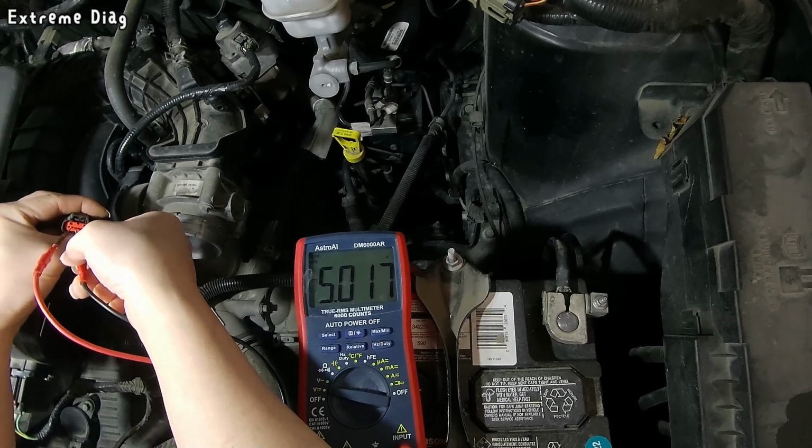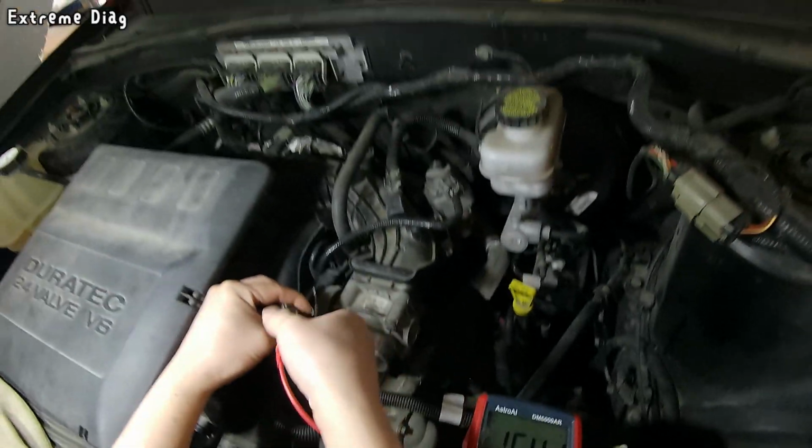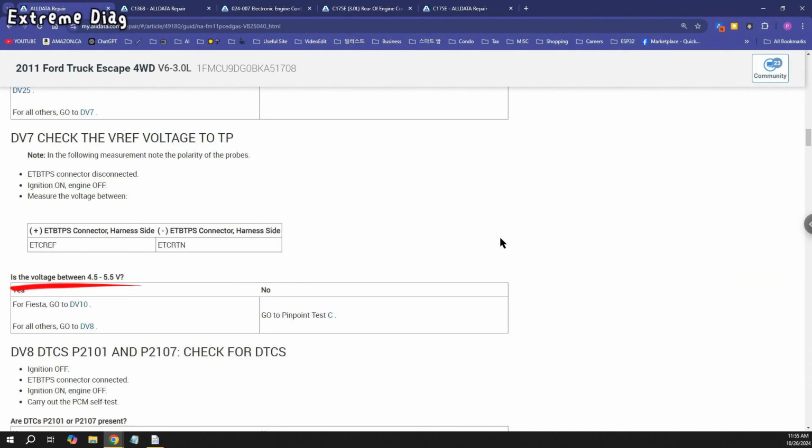It reads 5.01 volts. The question is whether the voltage is between 4.5 and 5.5 volts. The answer is yes, so proceed to DV8.